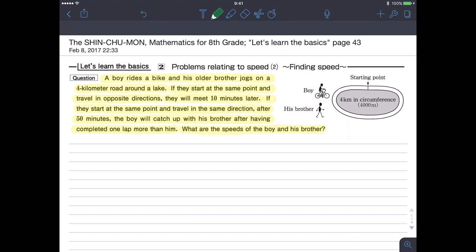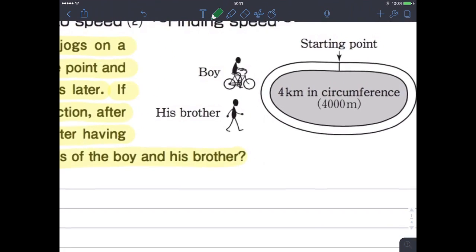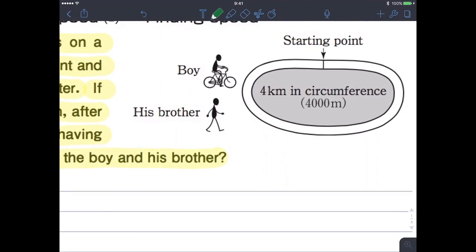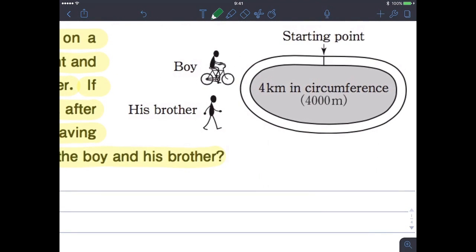So in this question, it's asking us to find the speeds of the boy and his brother. So these are unknowns. So let's choose variables to represent these unknowns. In the case of the boy, let's say that his speed is equal to x.